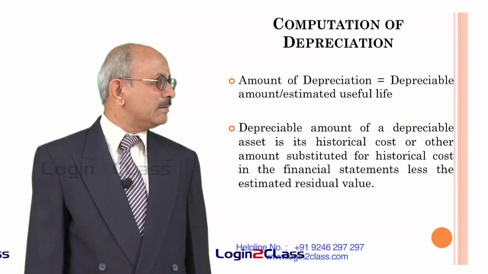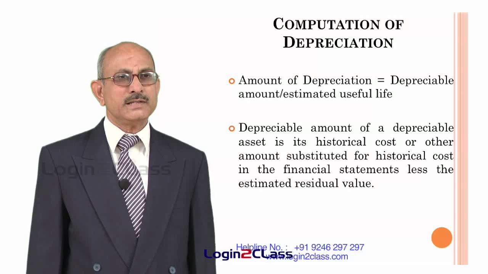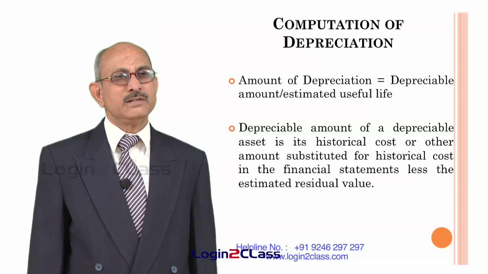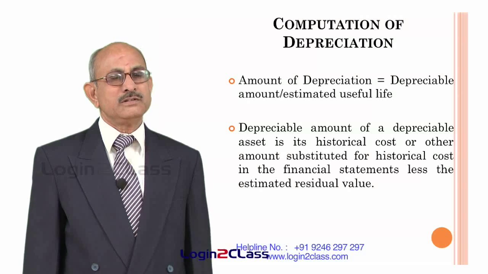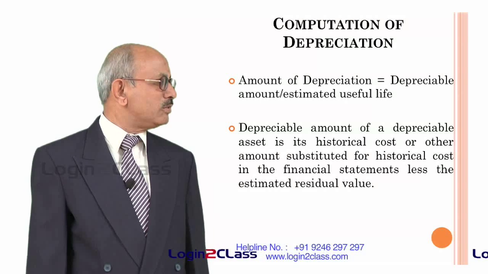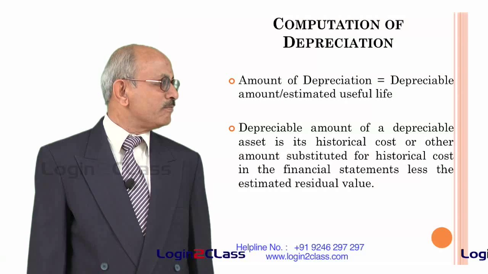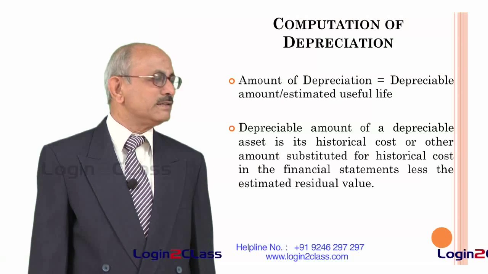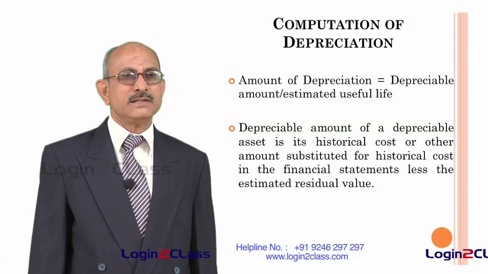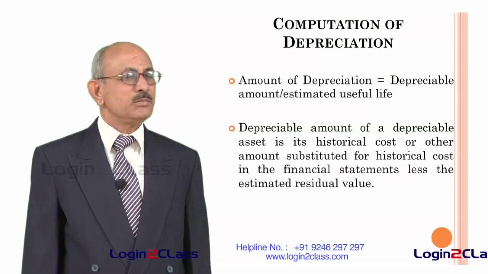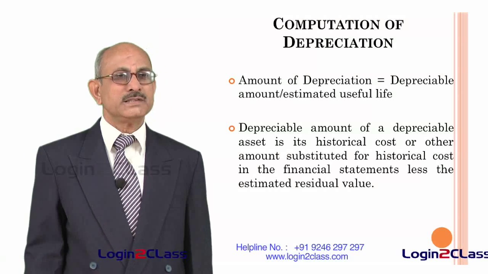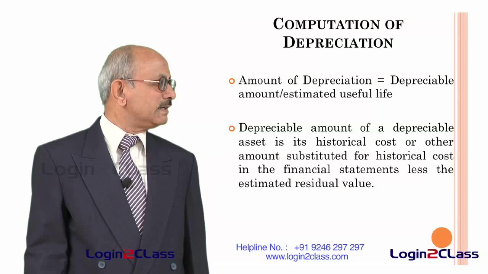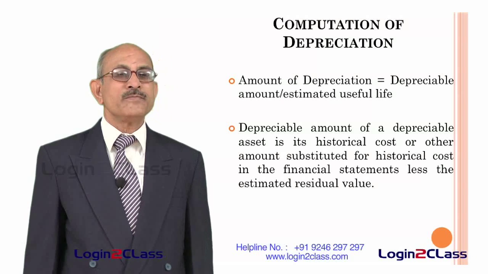So the depreciable amount here will be historical cost minus estimated residual value, that is 1 lakh minus 0, which will be 1 lakh only. So the depreciable amount of this asset is 1 lakh and the estimated useful life is 10 years. So the amount of depreciation will be 1 lakh divided by 10 years, that is 10,000 per annum. That will be the amount of depreciation. That is how depreciation is calculated by using that formula.